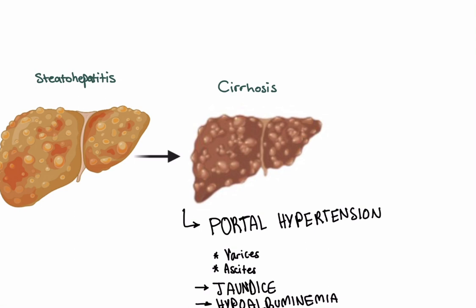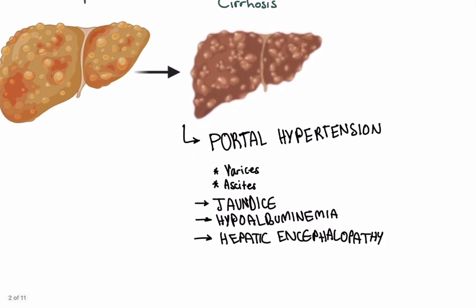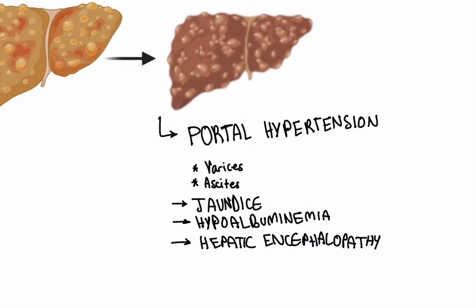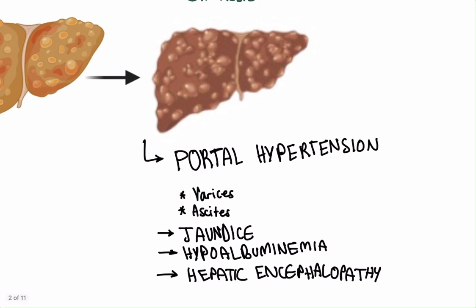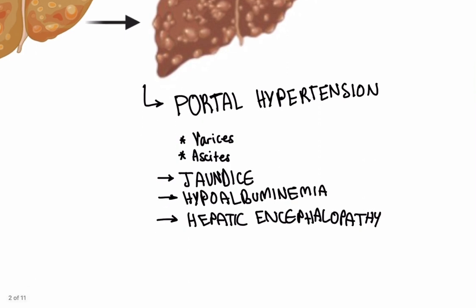A major consequence of increased protein production in the parenchyma is portal hypertension, where there's decreased compliancy and overall increase in the tone of the portal venous system. This prevents blood from freely flowing through the liver and returning to the inferior vena cava.